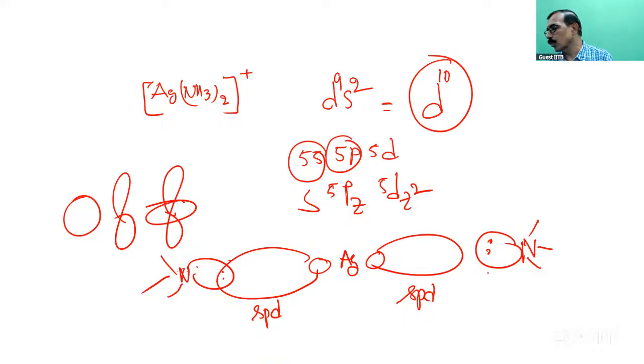By doing this, it strengthens the silver to nitrogen bond. So this is how you can explain the hybridization. Is that clear for you? Suhasini and Sonali, is it clear? Why that happens is the energy of dz square and pz, there is not much difference.